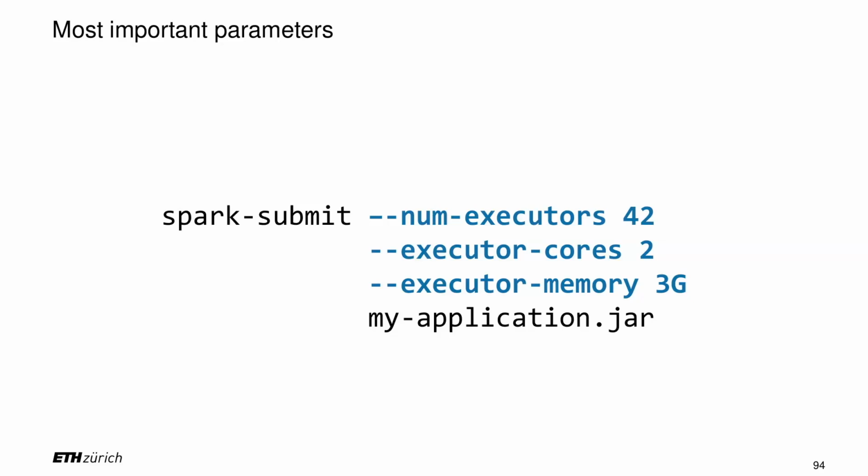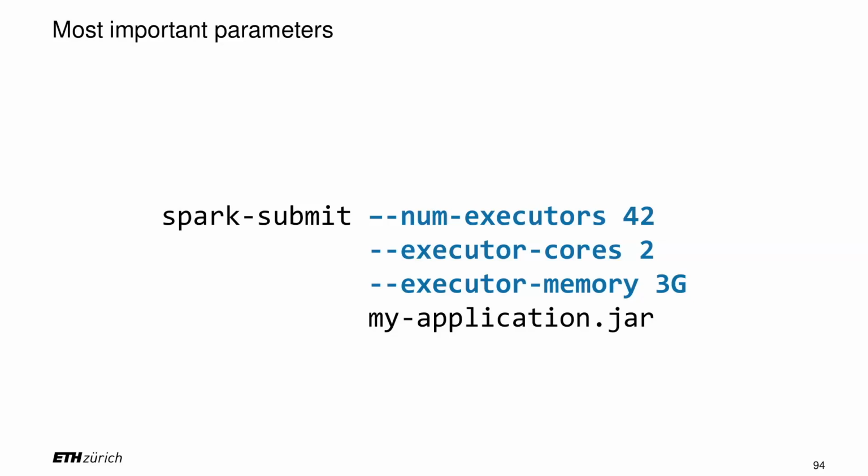Now, when you do that, you need to sit down with a pocket calculator or a sheet of paper and just make sure that it adds up. Because if you look at this, what does it mean? It means 42 executors with 2 cores each. So I need how many cores? 84, right?